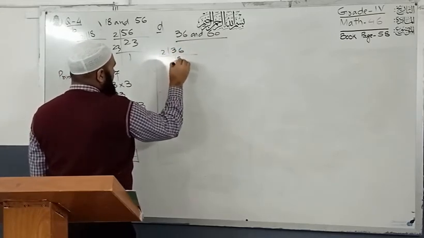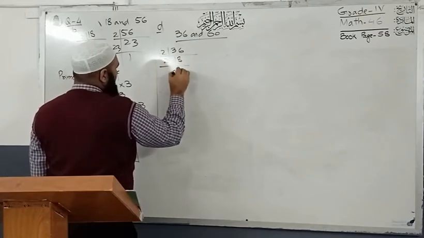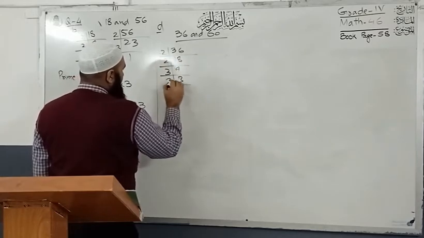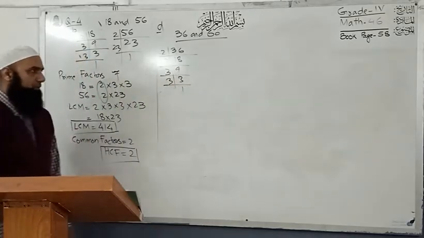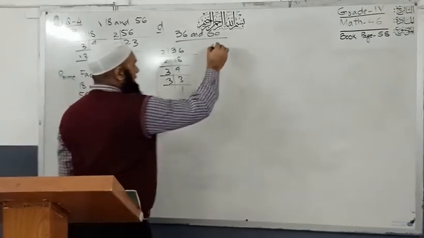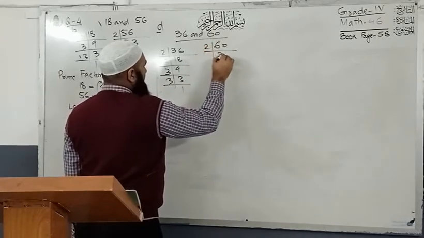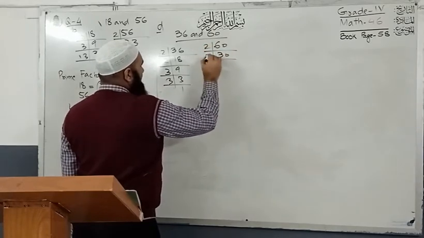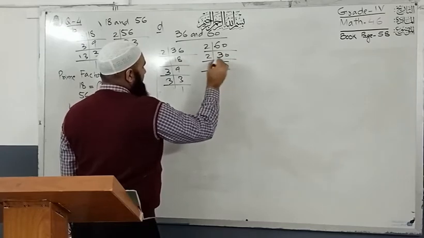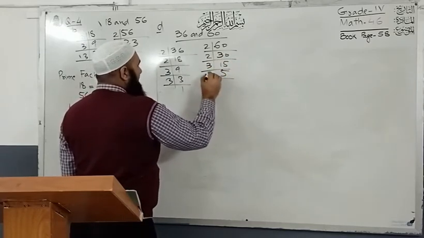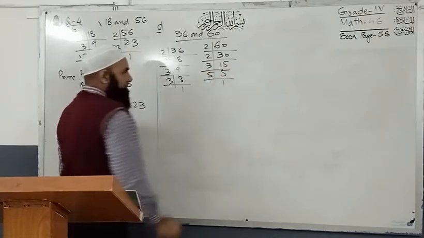We got 18, 18 divided by 2 we got 9, 9 divided by 3 we got 3, and 3 divided by 3 we got 1. Now start dividing 60 by the lowest prime numbers. 2 we got 30, 30 divided by 2 we got 15, 15 divided by the lowest prime number 3 we got 5, and 5 divided by 5 we got 1.